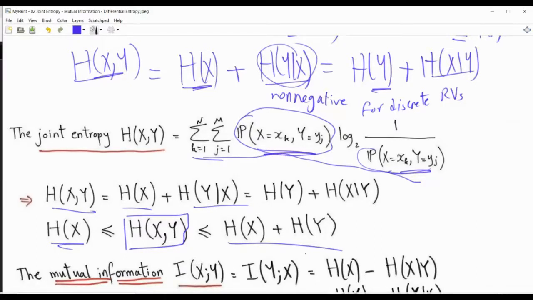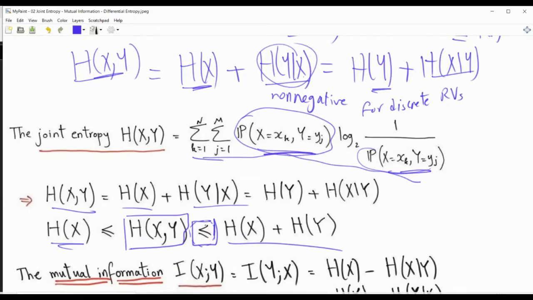And so when is this inequality satisfied with equality? When the uncertainty in X and Y is the sum of the uncertainty in X plus the uncertainty of Y. Independent, yes, exactly, independence.